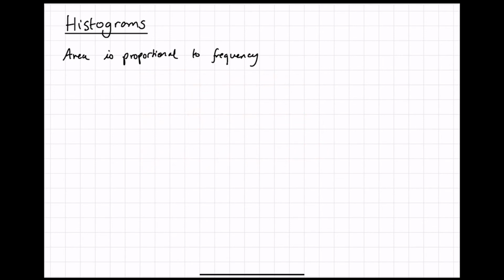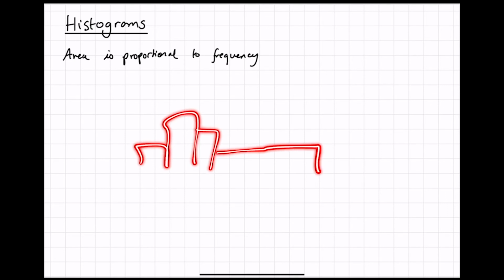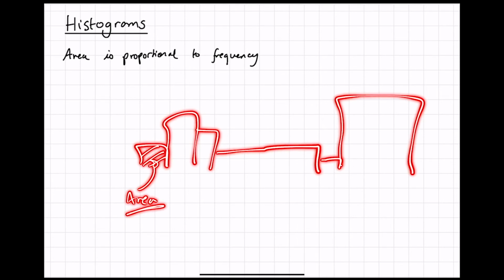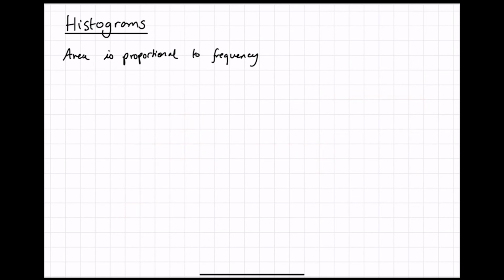So the class intervals aren't always the same. So in histograms, if you have a bunch of squares like this, then what we say is the area is proportional to your frequency. So we care about the areas, we don't care about how high they are. The area is the key thing we want to know.